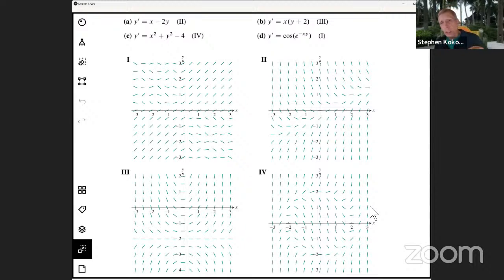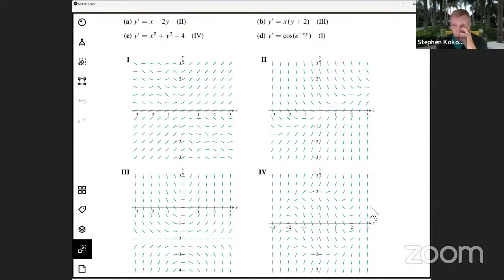Do the slopes of the line segments change as x varies? If they don't, that would suggest that x is not involved in the differential equation. Similarly, I might look along a line where x is constant and see whether the slopes change as y varies. If they're not, that suggests that y might not be involved.